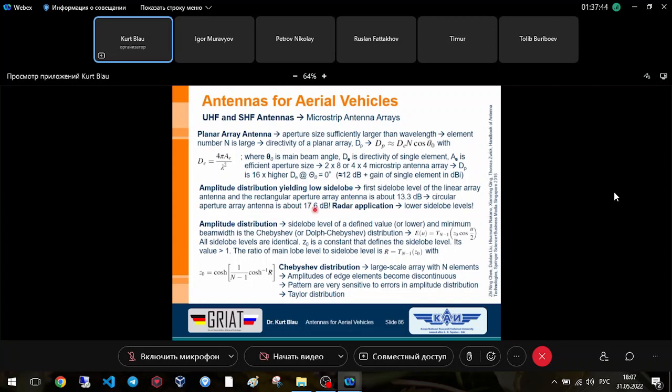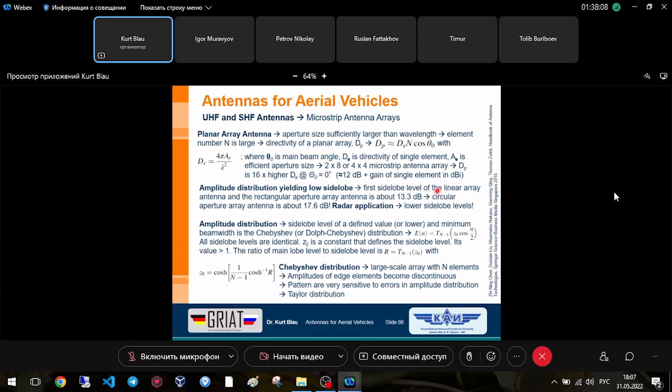For instance, in radar applications, we want to have lower side lobe levels in comparison with these two values. But here again, in case of 13.3 dB, all single elements are excited with the same magnitude.